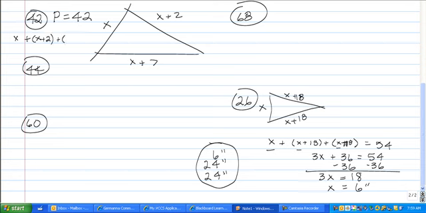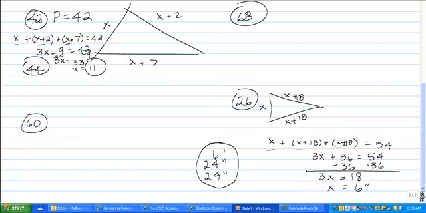The sum of the three sides should give us 42. And again, x plus x plus x will be 3x plus 9. 3x, if we subtract 9, equals 33, so x is 11. And they just asked us to find the value of x, so we're done in that case.